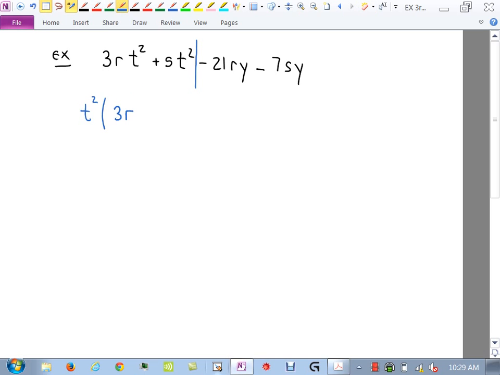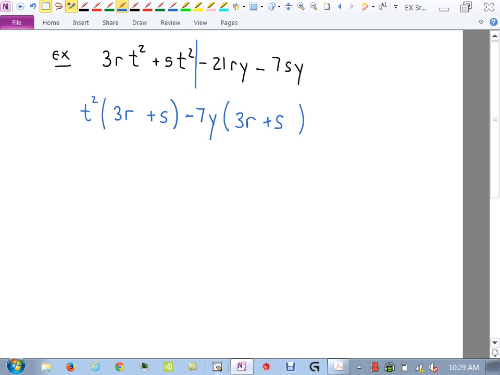3R plus S. Now grouping, the way it's worked for us is that we have to be able to get that to match. So let me put it over here. That is an S. And how can I turn 3R into negative 21RY? What am I missing here? I need a negative 7, and then I need the Y, don't I?